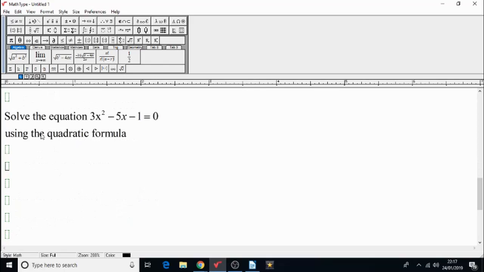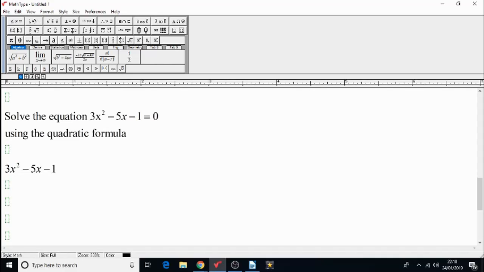Second question. Solve the equation 3x squared minus 5x minus 1 equals 1 using the quadratic formula. So the same process as we did for the first question. I'm going to rewrite the question: 3x squared minus 5x minus 1.